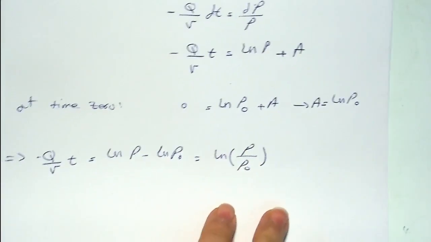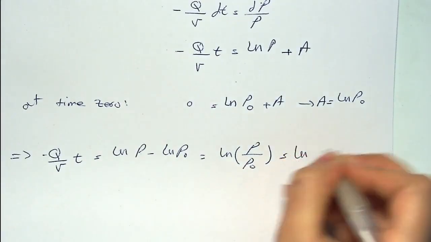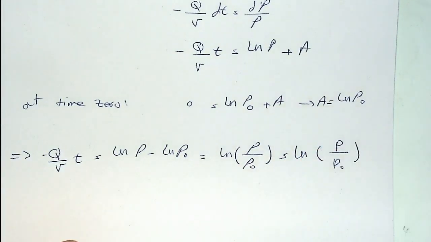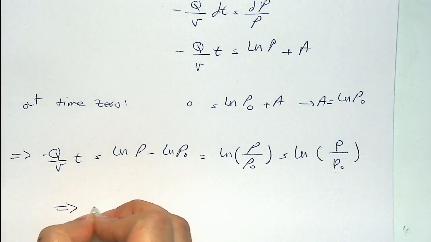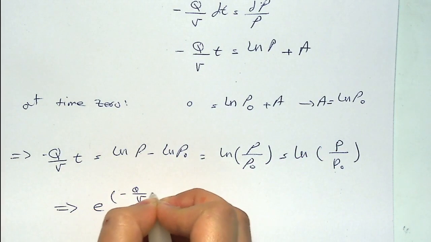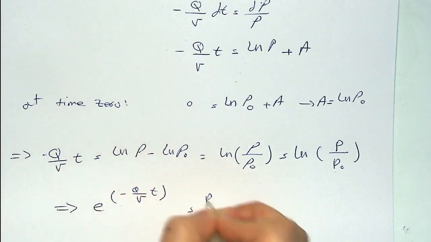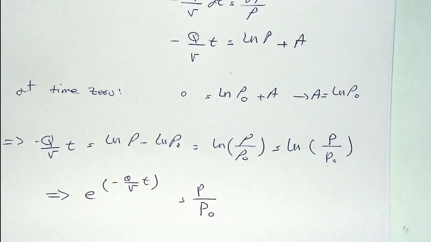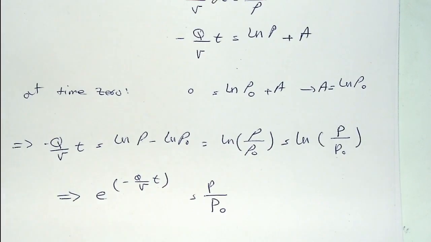So coming back here, I can rewrite this as p over p0. The final form of this equation would be e to the power of minus q over v t is equal to p over p0. Okay? This is the pressure that is changing by time, and I can calculate the pressure over time.